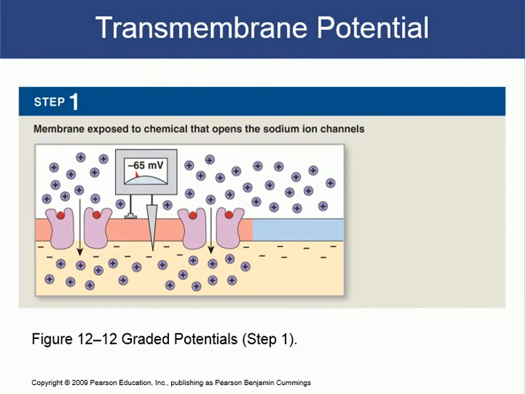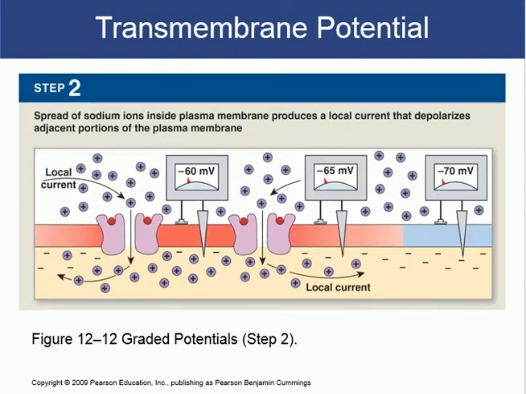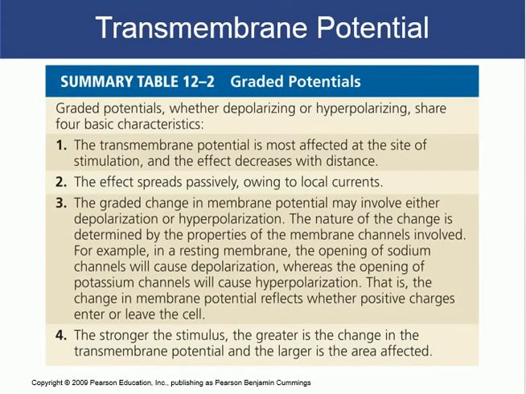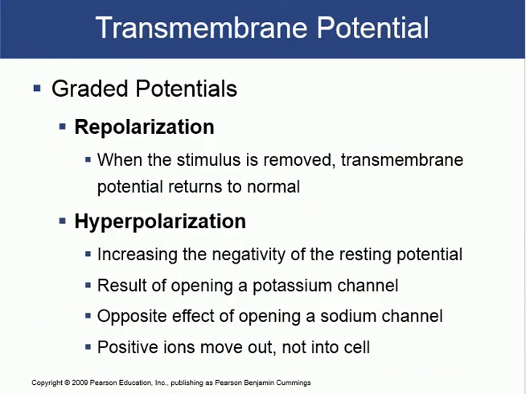And sodium will rush in. Minus 70 will become minus 65 and go to minus 60 and so on. So it will go like this. Minus 70, minus 65, minus 60. So you're moving toward the zero. Until you get to the zero.